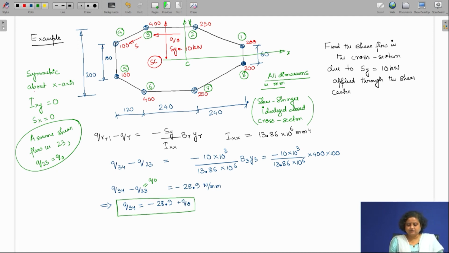Now let me just write it down here. So Q34 is minus 28.9 plus Q0. Then let us similarly find out the other shear flows.